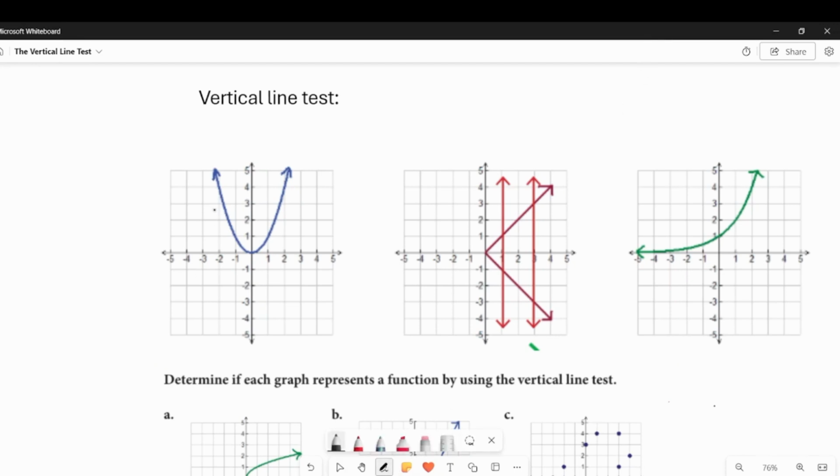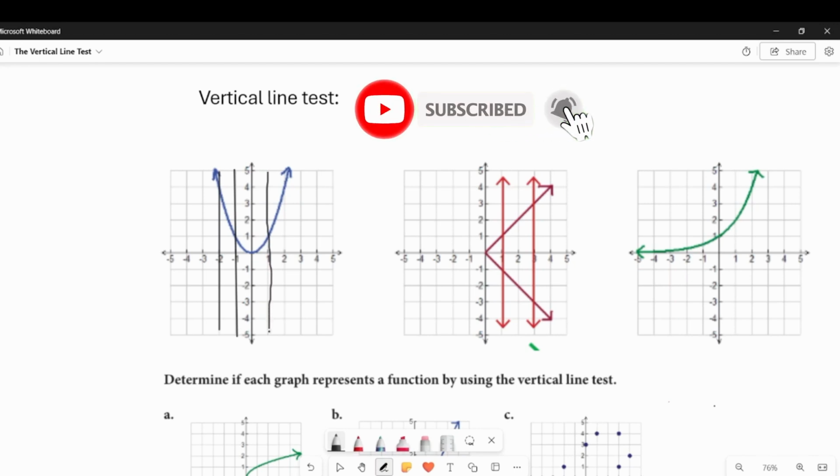All we have to do is imagine that a vertical line is passing through the graph of the relation from left to right. So I'm going to draw some vertical lines here. And once you're done with it, you have to see that through all these vertical lines, there must be only one point passing.